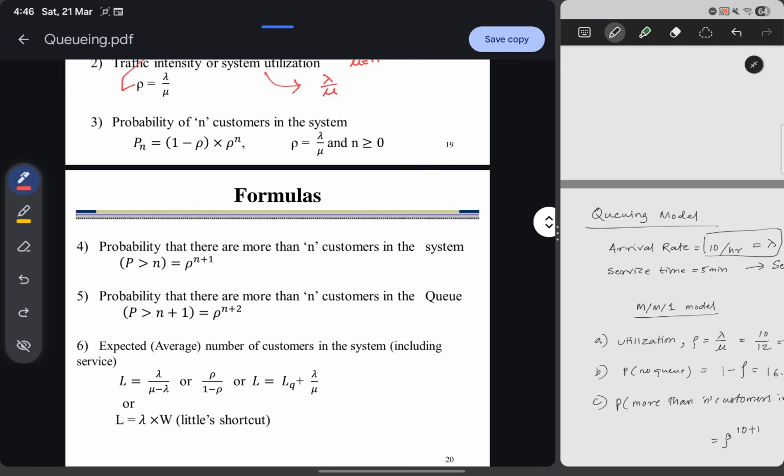Just a clarification: when you talk about the system, check formulas 4 and 5. They might look similar, but the system is basically the queue plus the one person who is getting service right now.